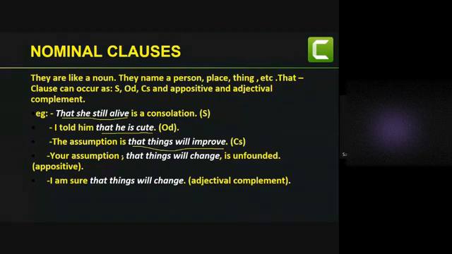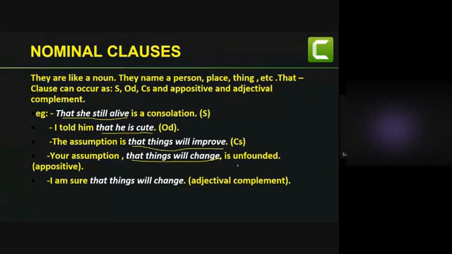Your assumption that things will change is unfounded, appositive. Students, when we see a clause between two commas, بين فارزتين, we call this an appositive, البدل. The assumption or your assumption is unfounded.